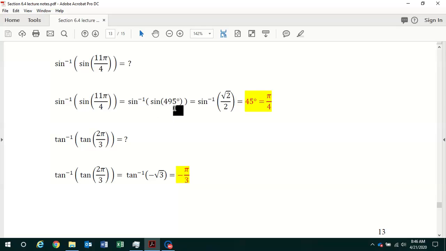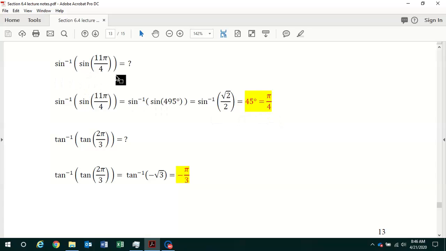So the sine of 495 degrees and the sine of 135 degrees have the same value, and the sine of 135 degrees is square root of 2 over 2. So this composite is equal to the inverse sine of square root of 2 over 2. And from page 3 of your notes, the inverse sine of square root of 2 over 2 is equal to 45 degrees, which is the same as pi over 4 radians.